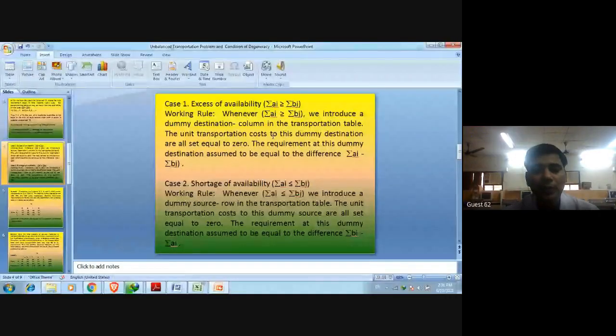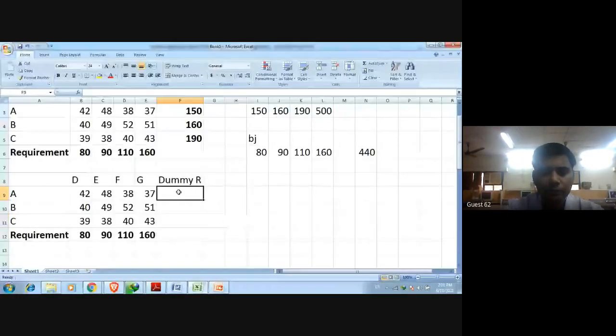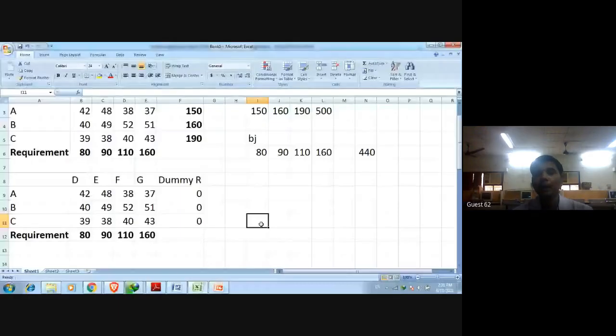Okay, so it means all the per unit shipping costs are 0, 0, 0. Okay, these are your per unit shipping costs.